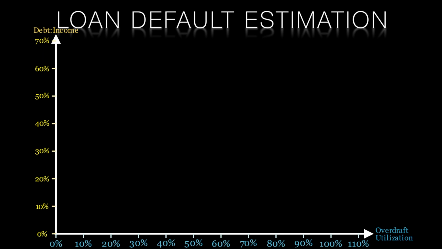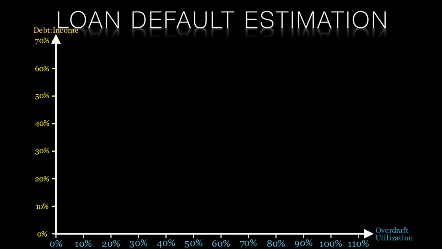To illustrate this, let's look at a very simple loan dataset. To keep the illustration simple, we'll just look at two of the inputs. Here we have overdraft utilization on the x-axis and debt to income ratio on the y-axis.